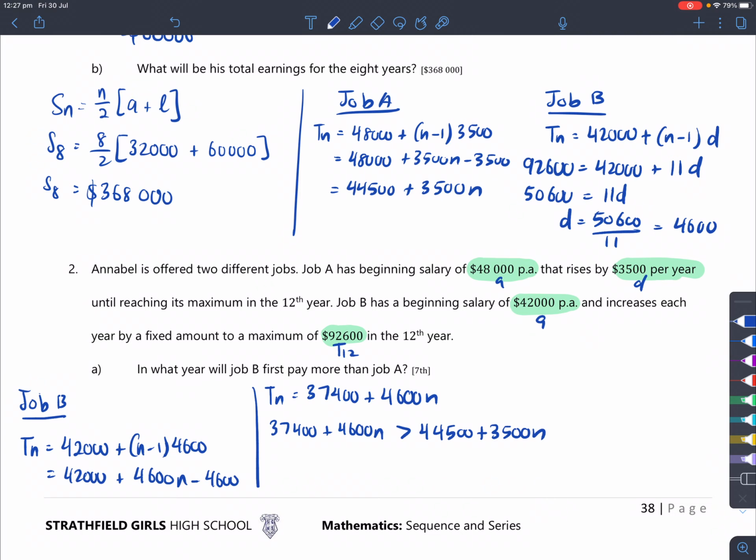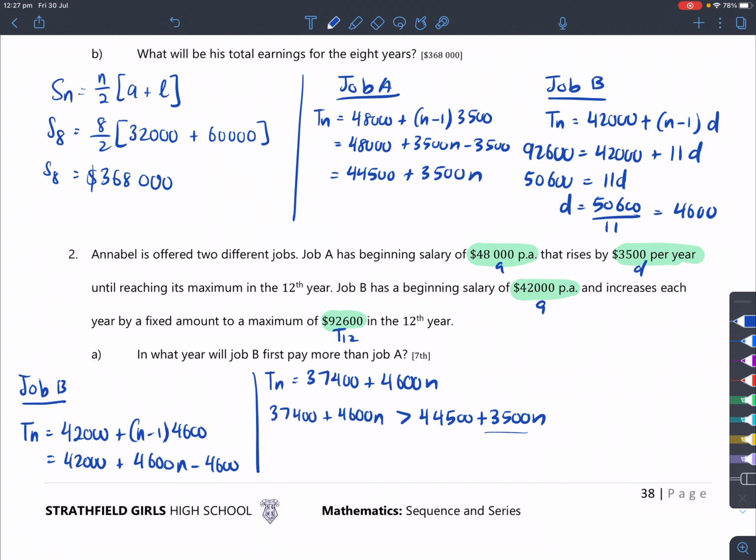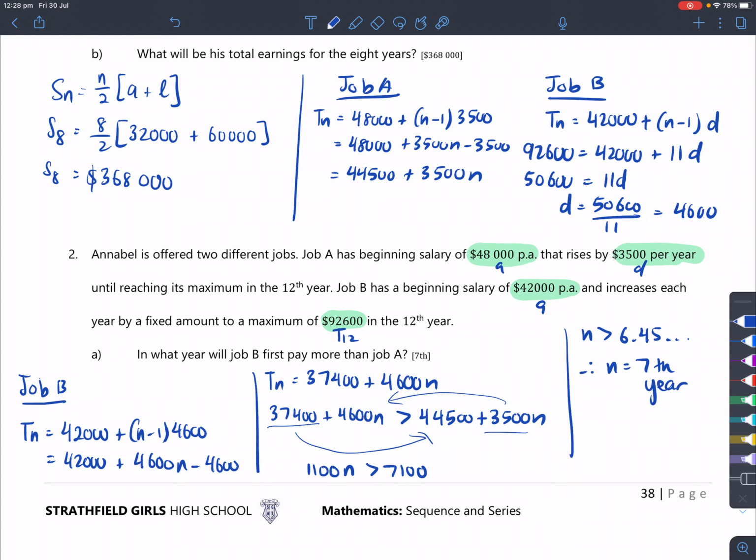Moving the n term over and that term over gives us 1,100n greater than 7,100. Dividing both sides by 1,100 gives n greater than 6.45. So what is the number of years that is just greater than 6.45? That would be the 7th year. So in the 7th year, Job B will pay more than Job A.